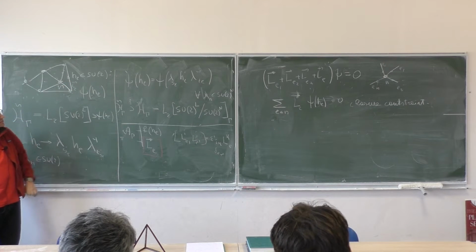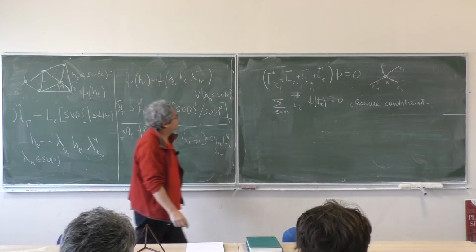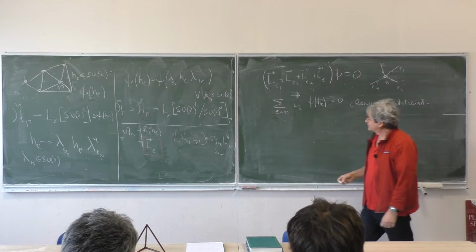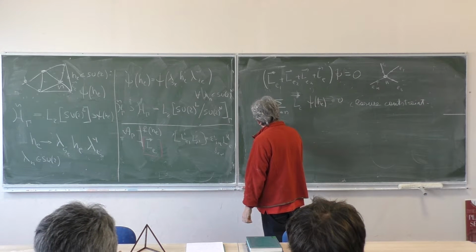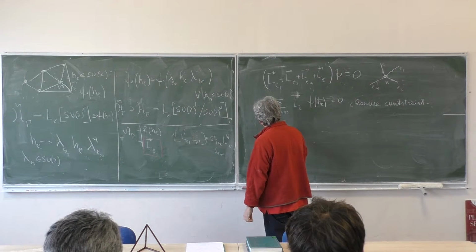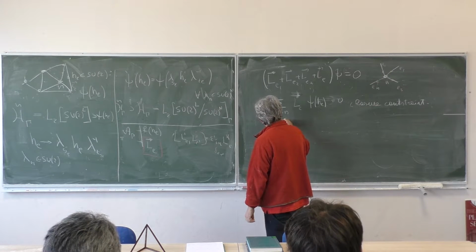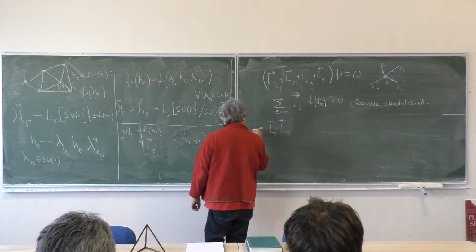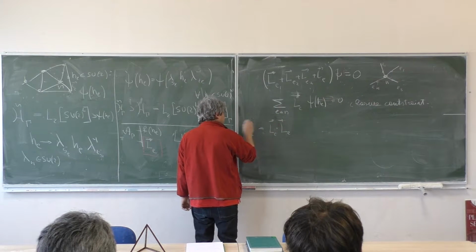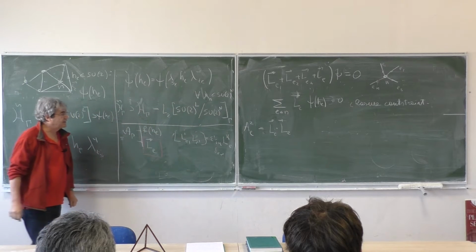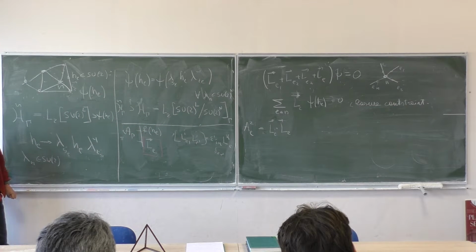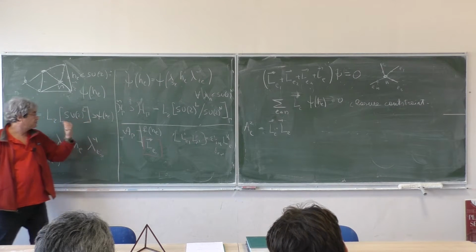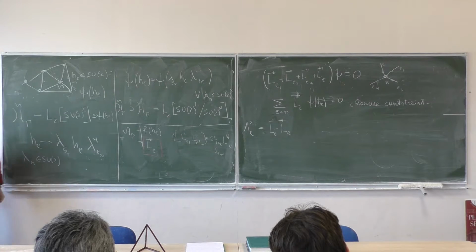So to write gauge invariant things, I have to get rid of this index dependence, and the simplest thing I can do is take the scalar product with itself for a fixed L, and this is an operator which is called AL square. The actual operator called AL is the square root of that. This is a self-adjoint operator. These are all self-adjoint with respect to the scalar product of this Hilbert space here.